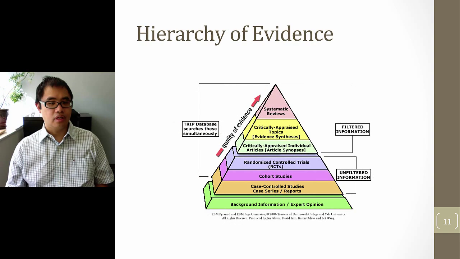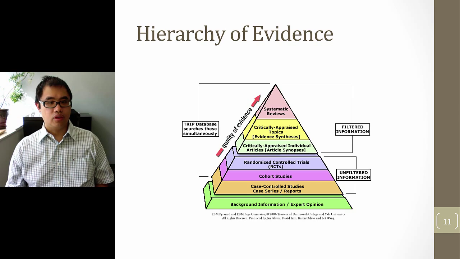So this is a hierarchy of evidence taken from a diagram out of Dartmouth and Yale University. At the very top of the hierarchy of evidence is systematic reviews. Following that are critically appraised topics, so these are evidence syntheses, and critically appraised individual articles, so these are article synopses.